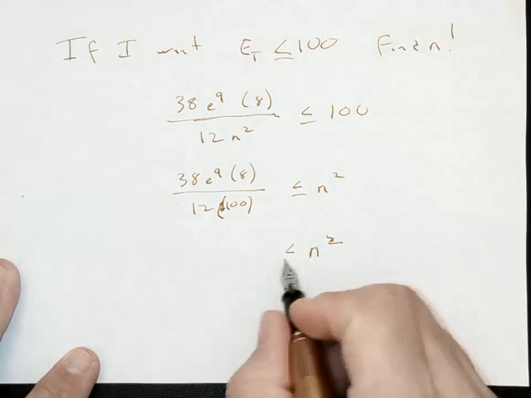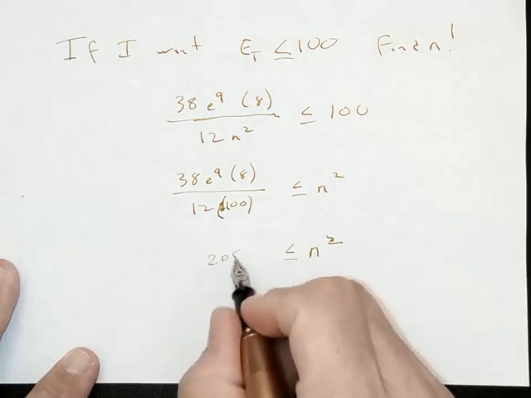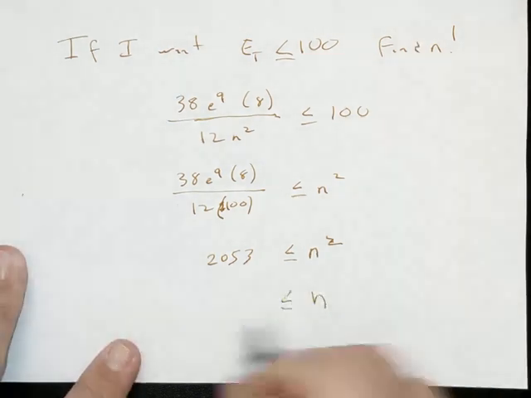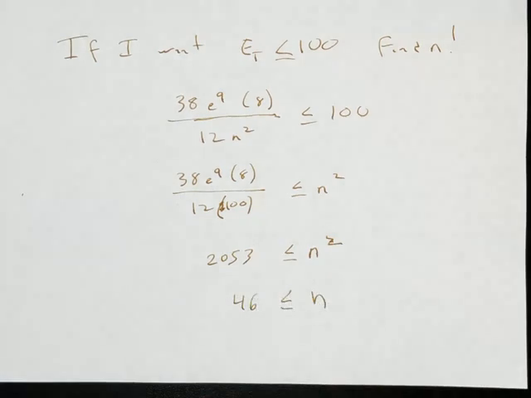N squared must be bigger than or equal to 2,053. What's the square root of 2053? Like 45.31. Then let's call it 46. If I wanted my error to be less than 100, I'd need to use 46 rectangles or more, right?